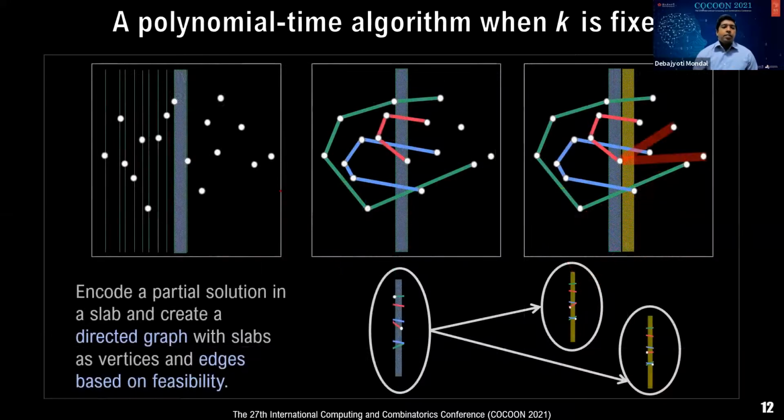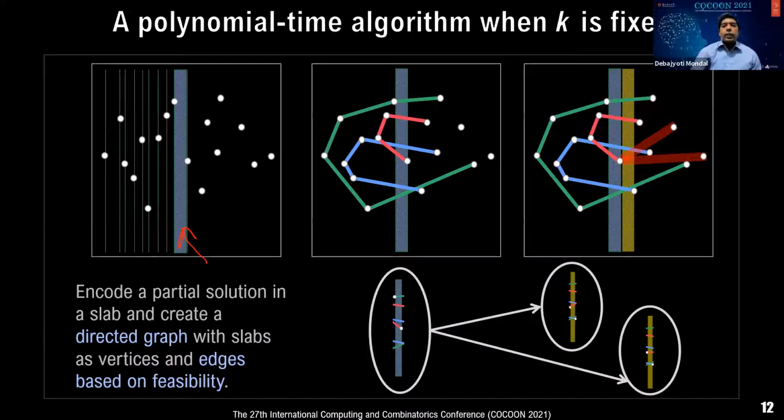What we do is we imagine vertical slabs by thinking of vertical lines through these points, and we process the slabs one after the other and create a graph like this. So assume that you are processing this blue slab here, and you have the partial solution which is shown in the middle.